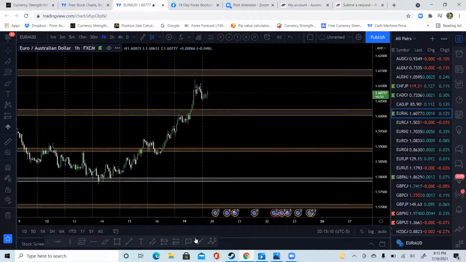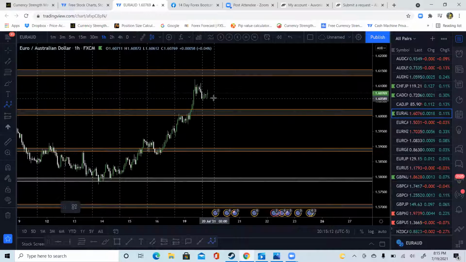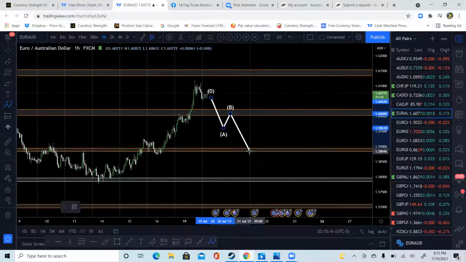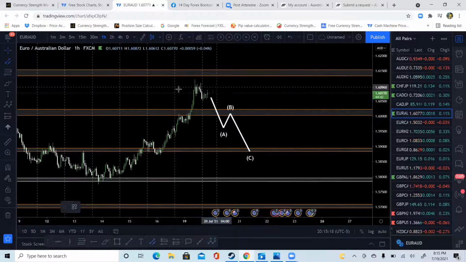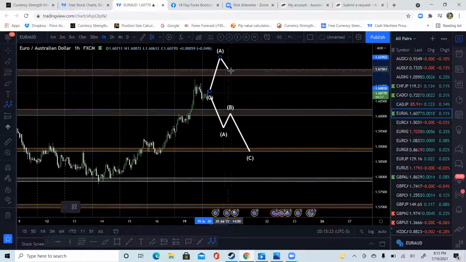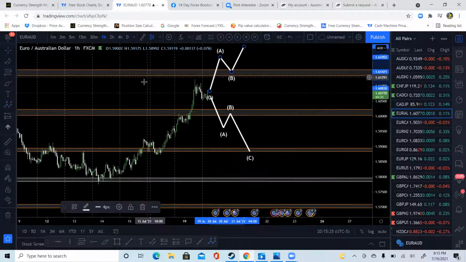So you can have a setup or identification where if it goes down, you're looking for that. And then if it goes up, you're looking for this. And now you have two areas, whether it goes up or down doesn't concern you. You know where your areas are and you can play those areas accordingly.